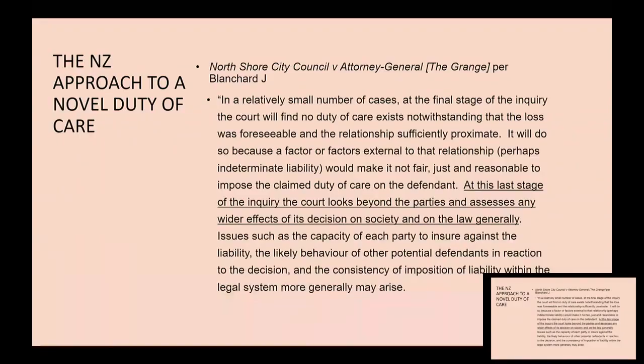Issues such as the capacity of each party to insure against liability, the likely behaviour of other potential defendants, and consistency of imposition of liability within the legal system may arise. So, we know that different jurisdictions take different approaches to the duty question, to novel duty questions.